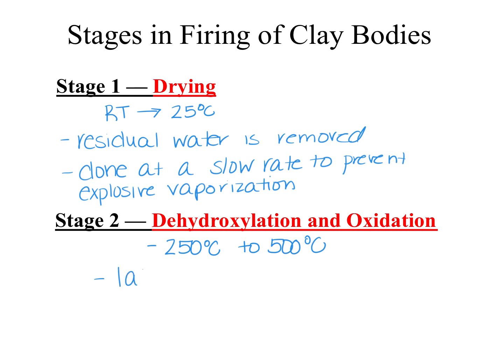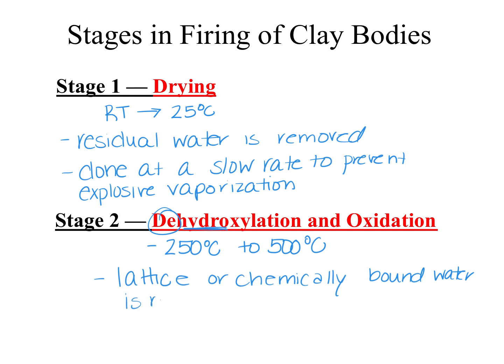And what happens here is the lattice, or chemically bound water, is removed. So de- a lot of times means something is being removed. Hydro a lot of times refers to water. So it's that lattice or chemically bound water in the clay body that's removed. The other thing that happens at this stage is if there's any organic matter in your clay body, it burns off.